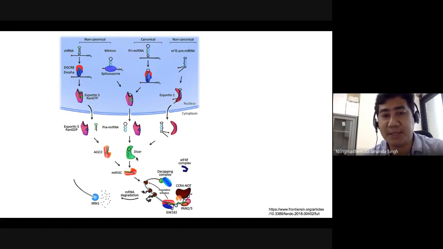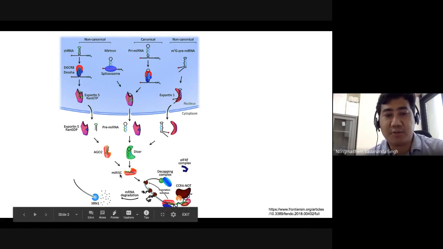This Dicer complex has endonuclease activity and cleaves the loop structure present in the pre-microRNA. Once the loop is cleaved out of this pre-microRNA, you get a double-stranded RNA that is recognized by the microRNA RISC complex.